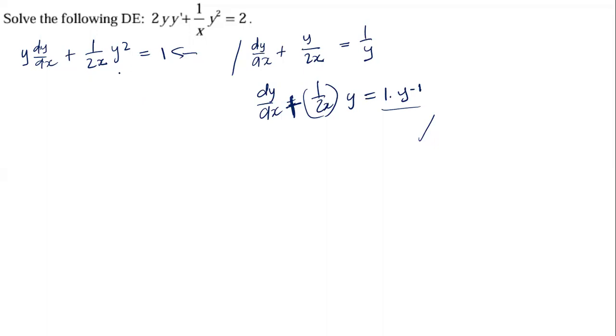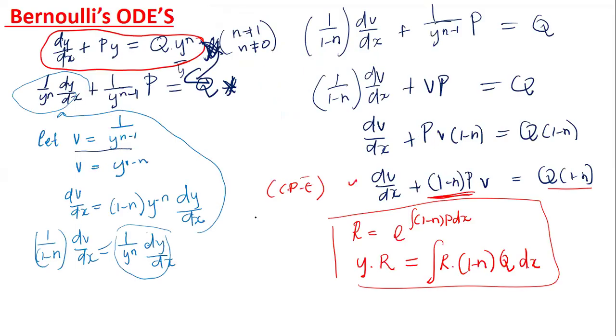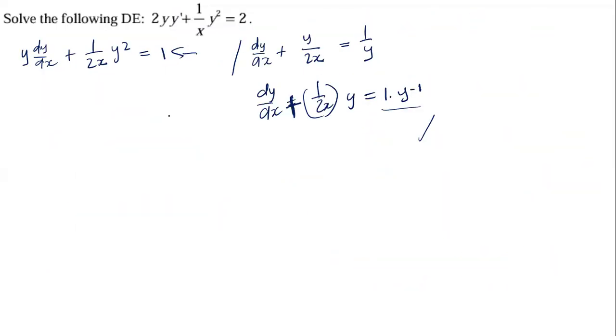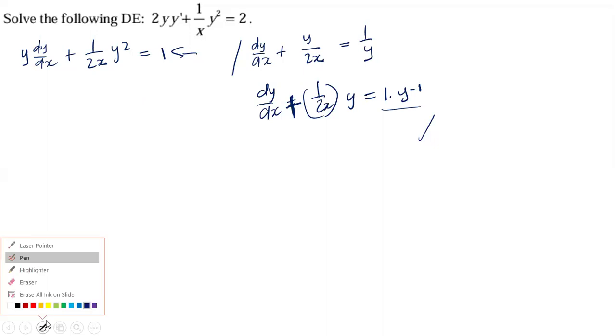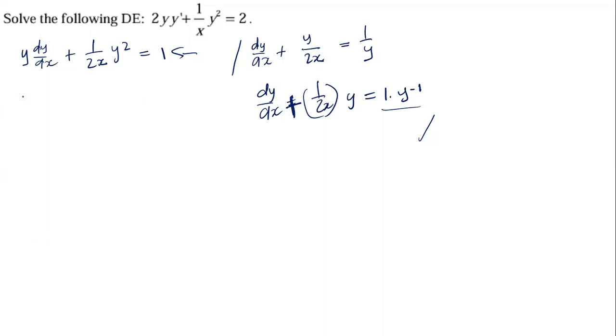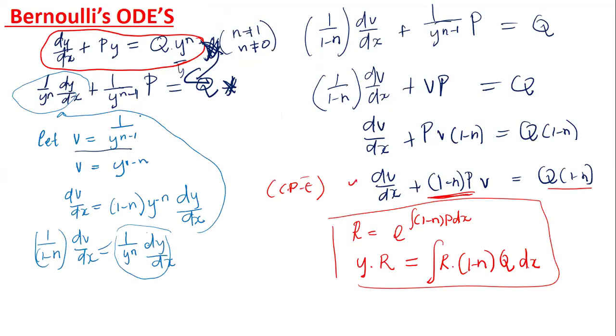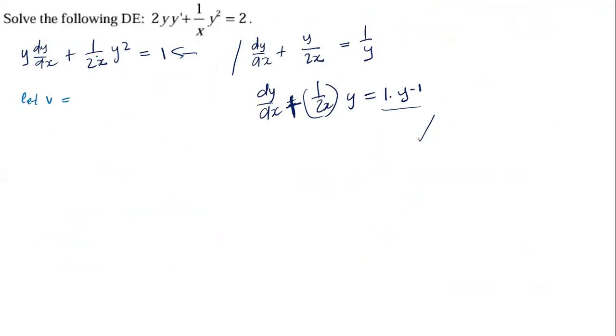So now from here, this is what I'm going to do. Remember, I follow this procedure. I'm going to let, but what am I going to let? I'm going to let my v be equal to, be careful, right? You take the coefficient of this. Which coefficient did we take? We took the coefficient of P, right? And in this case, our P is 1 over 2x.